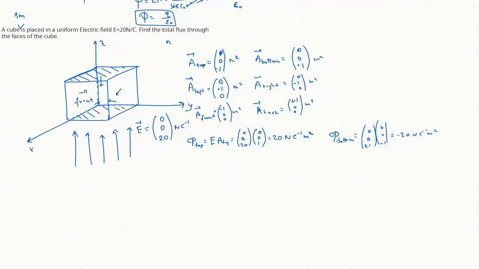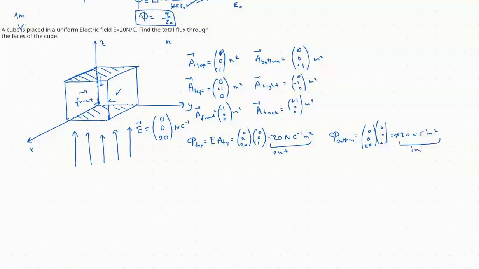So the top is minus 20, and the bottom is plus 20. So the flux going into the cube is positive, and the flux going out of the cube is negative.